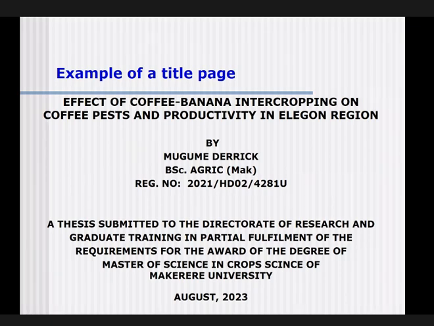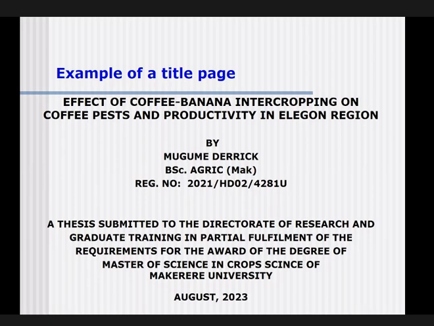For example, the registration number for Mugume is 2021 stroke HD number 2. 02 is the code for our college. Other colleges have a different number.